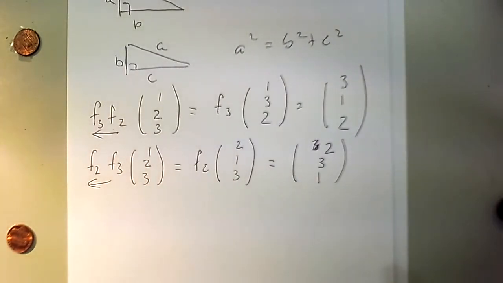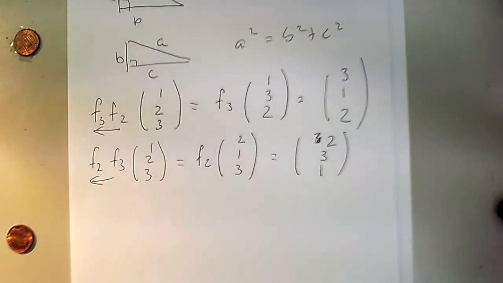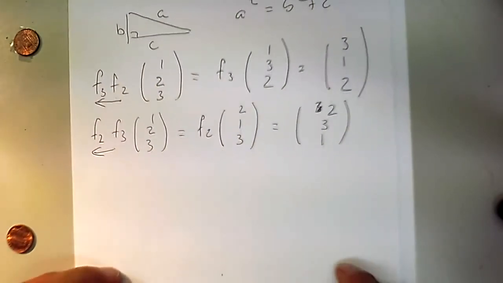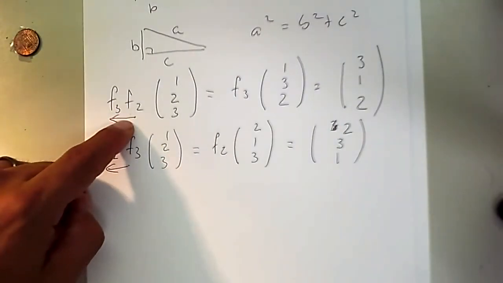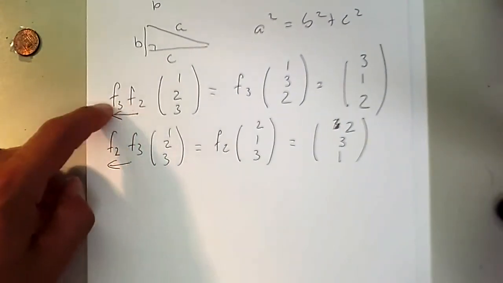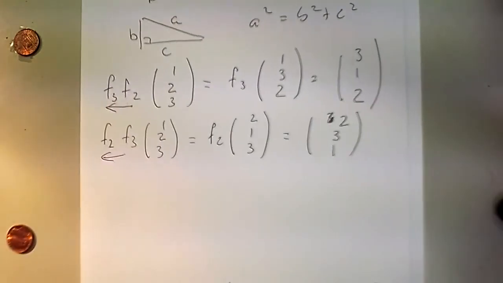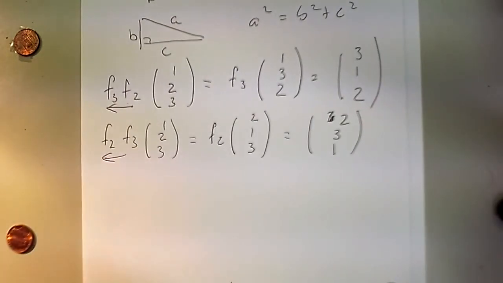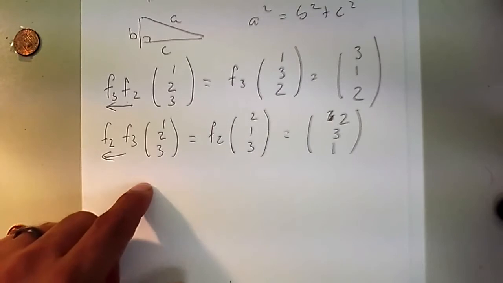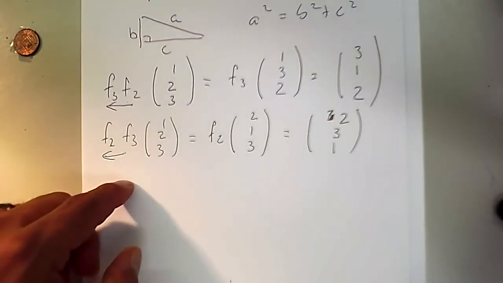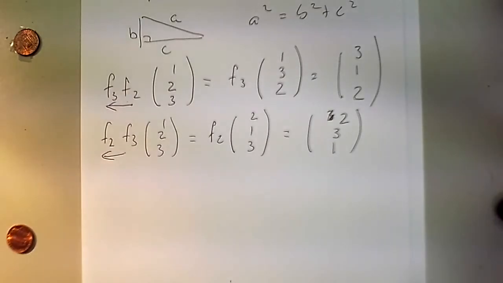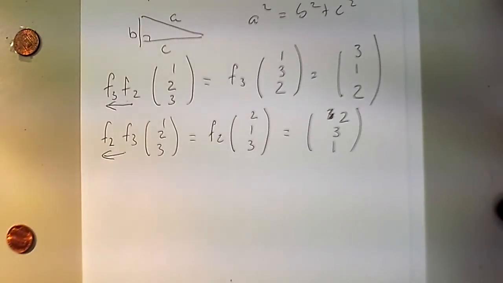Sometimes it doesn't. Sometimes we end up with the same answer. For instance, this is a sort of silly example, if you apply F2 on F2, you end up with the identity, and it doesn't matter which order you put it. By the way, the permutation that does not change anything at all is called the identity. I inadvertently said that, and it's true.